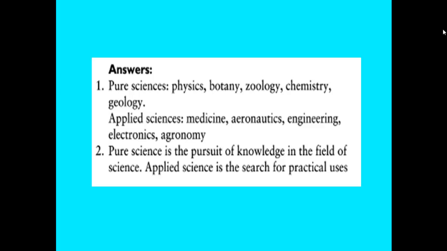Pure science is the pursuit of knowledge in the field of science, but applied science is the search for practical uses. So this is the main difference between the pure and the applied sciences.